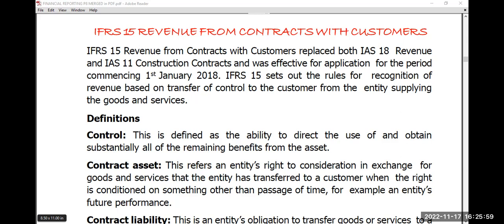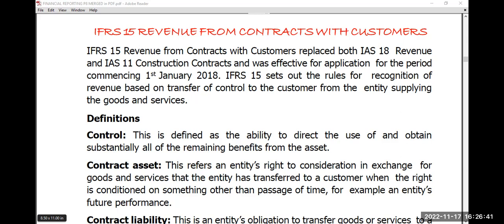The person can direct where the asset is supposed to be employed, or where the items are going to be used, and determine how much they are supposed to be getting from that without getting any interference from different stakeholders. Because you may find that someone says, I own a certain item, but in actual sense, the person cannot use the asset as a whole when there are certain restrictions.